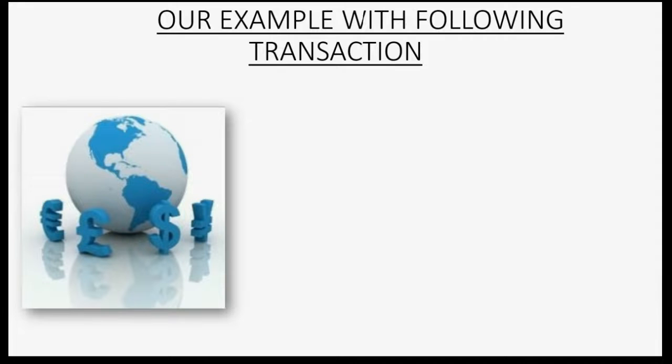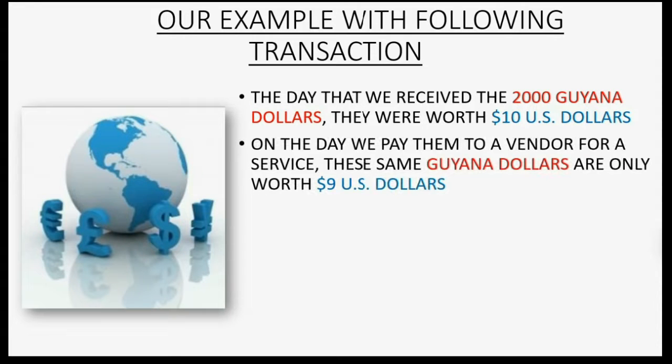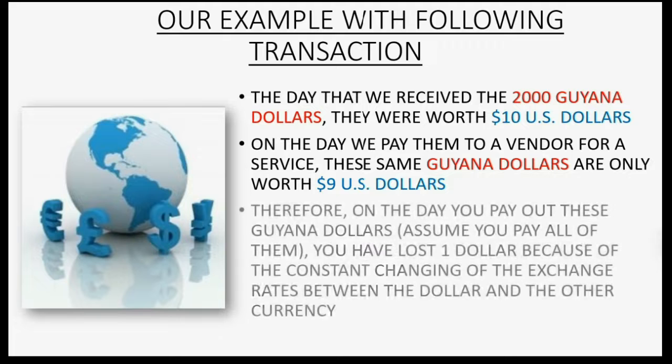So let's do the following example. Let's imagine that on the day we received the 2,000 Guyana dollars, they were worth 10 US dollars. And on the day we pay them to a vendor for a service, these same Guyana dollars are only worth 9 US dollars.